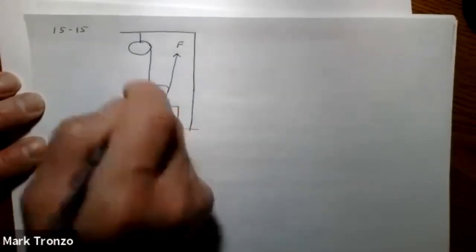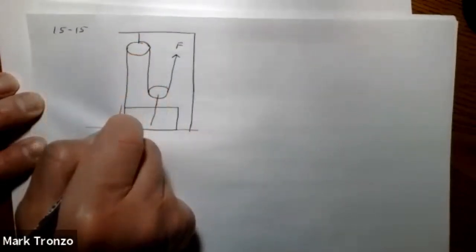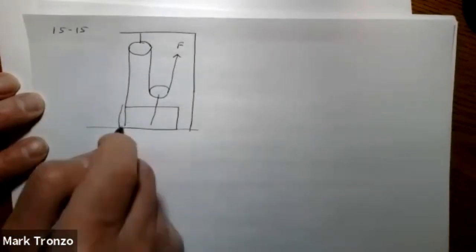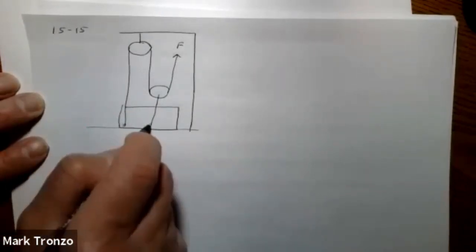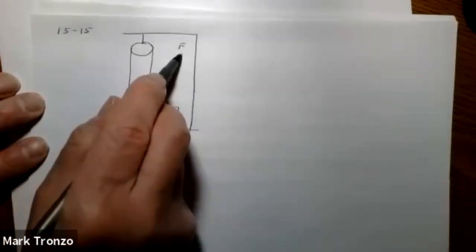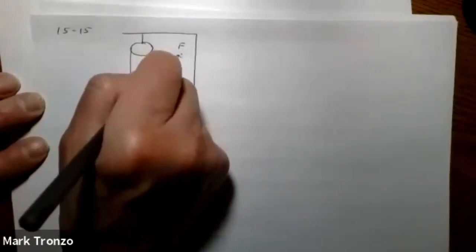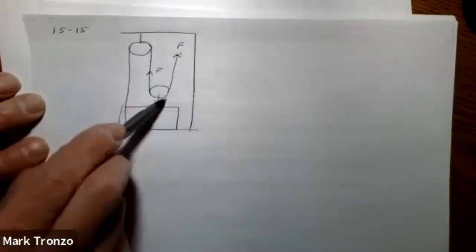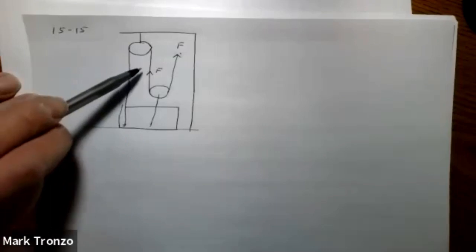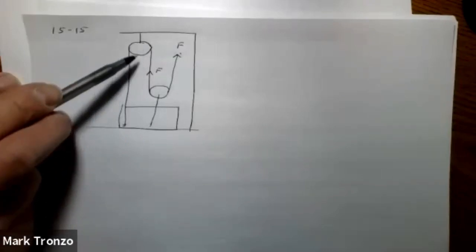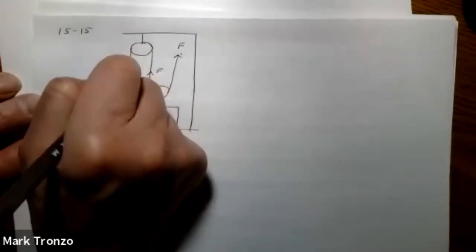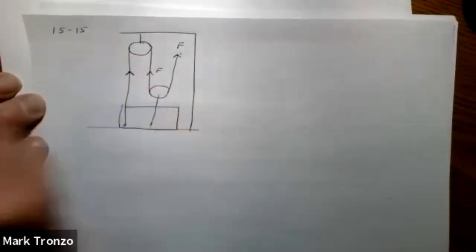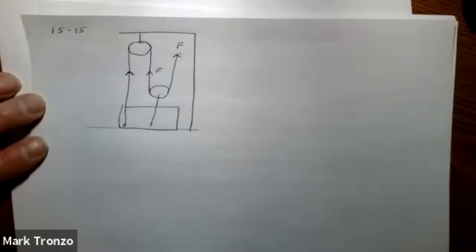So this thing here is down here, and then this thing is also underneath, kind of lifting this thing up as well. So these are both lifting this up. And so if this is F, then this side also has to be a force F as well. Remember from your pulleys, if this side is a certain force, then if you go around the pulley, this side has to be the same. Same thing up here. If this is F, this has to be F on this side.